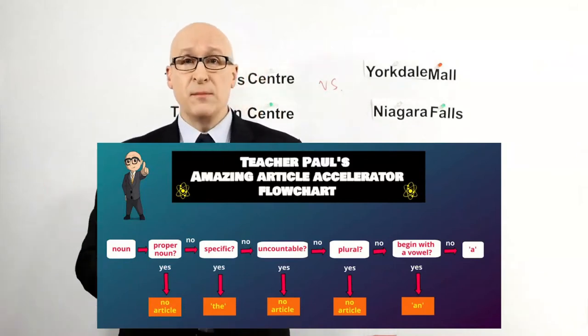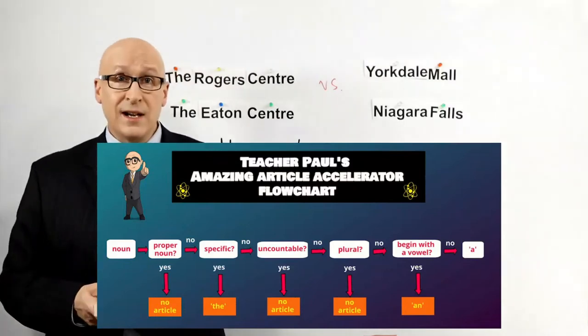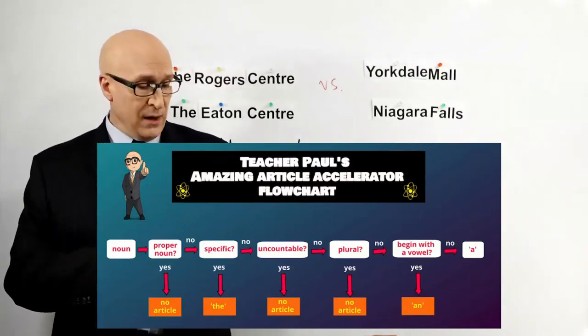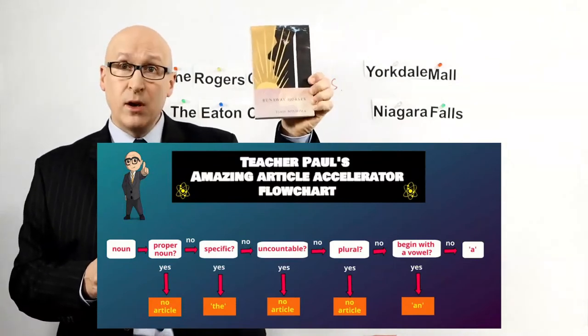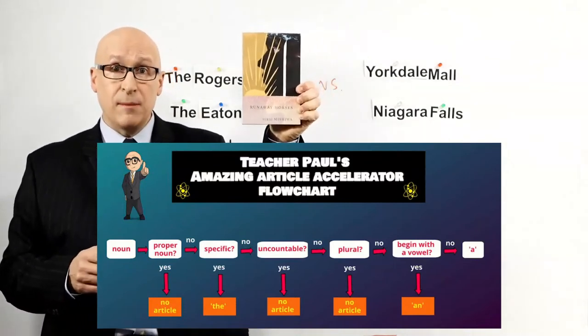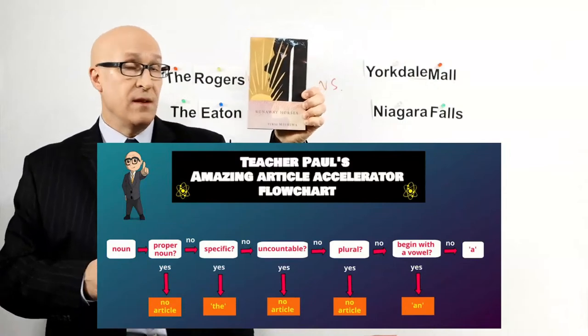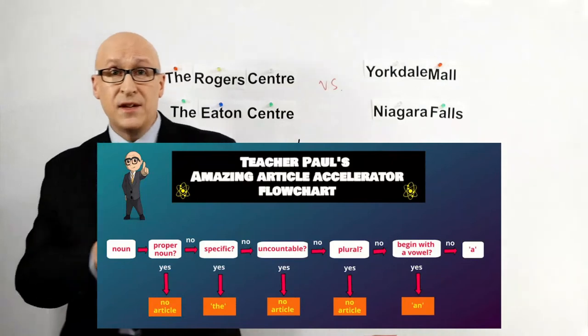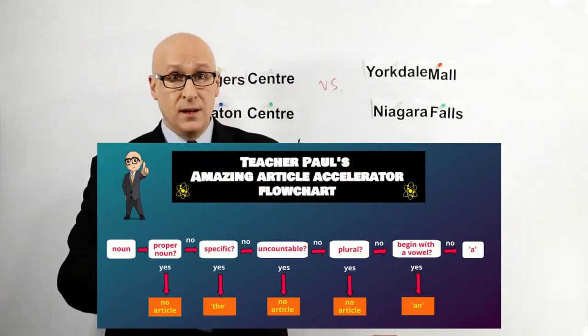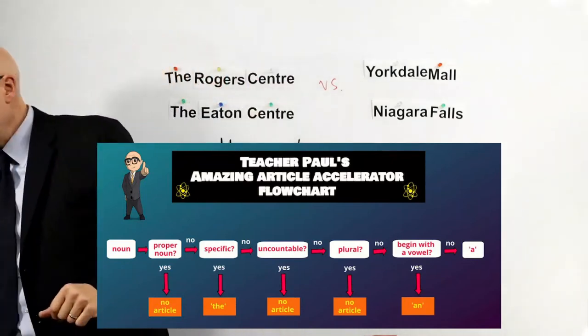Now, what if I introduce a book to you in our conversation? Hey guys, let me show you a really good book I read. It's called Runaway Horses by Yukio Mishima. Mishima Yukio, Japanese literary figure. This is a really great book. Okay, so I introduced it to you. This is a book. But now you know the book.